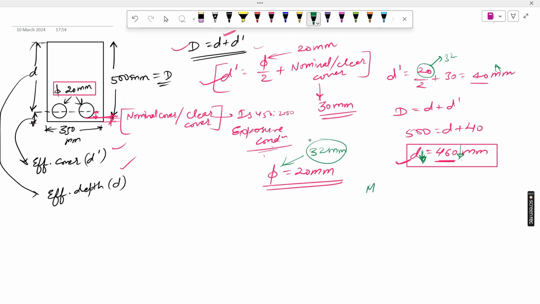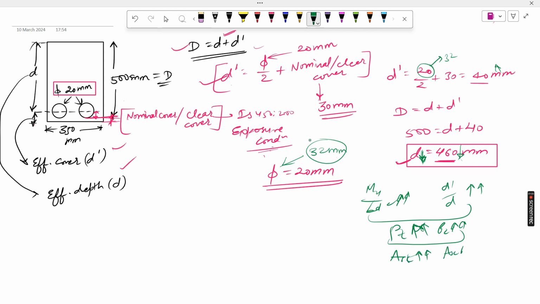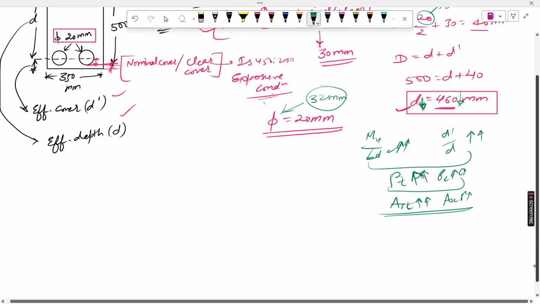So your Mu by bd square will increase, and D dash by D is also increased. That's why your PT will increase, PC will increase, and then your AST will increase, ASC will increase also. Both the reinforcement areas will increase.